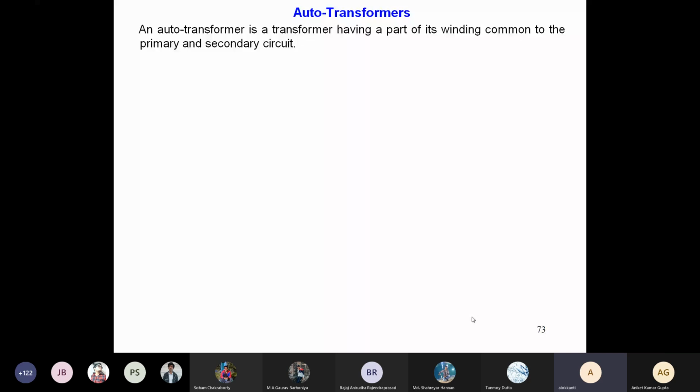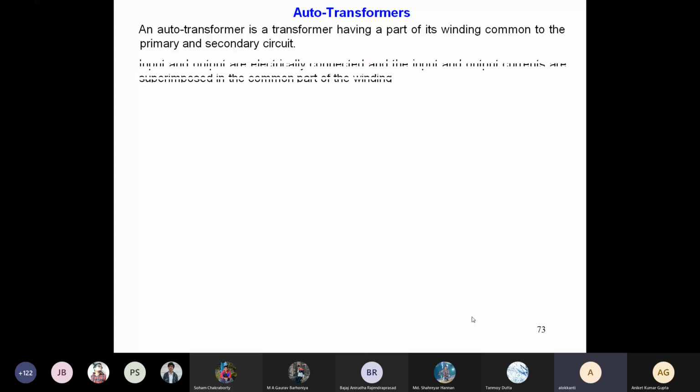The input and output are electrically connected, since it is basically the same winding that is being used. Part of the winding is used as the primary, part as the secondary. So there is actual electrical connection between the primary and the secondary. In the other transformer that we have studied, the two-winding transformer, there is a primary and secondary which are not electrically connected.